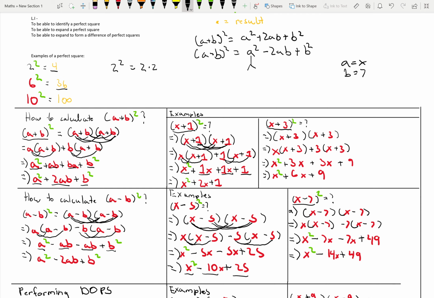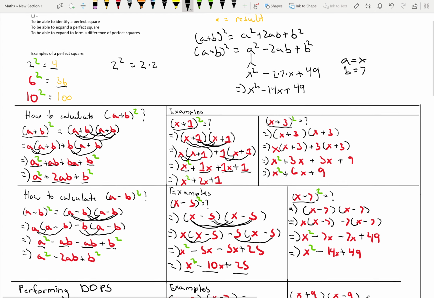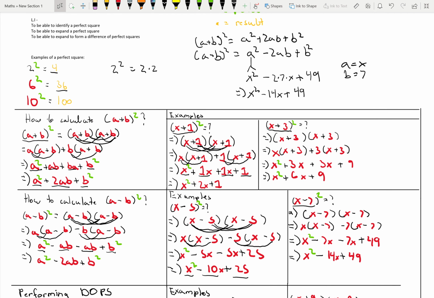So a squared would become x squared, minus 2ab, so 2 multiplied by x multiplied by 7, so 2 multiplied by 7 multiplied by x, plus b squared, so 7 squared, which equals 49. Evaluating that, we get x squared minus 14x plus 49. So always keep that in mind for expanding (a minus b) whole square.